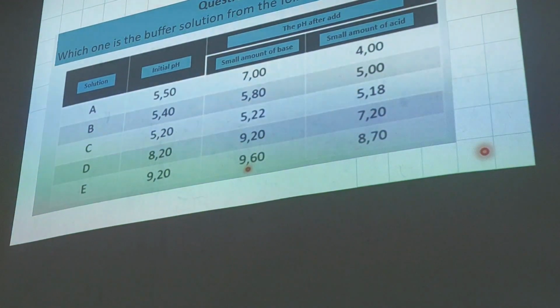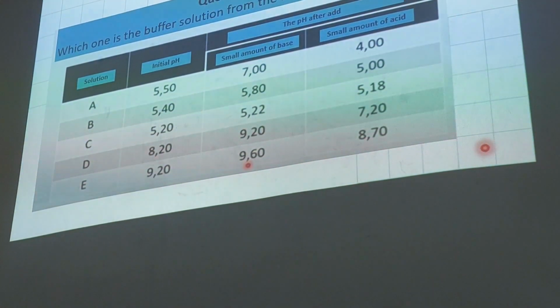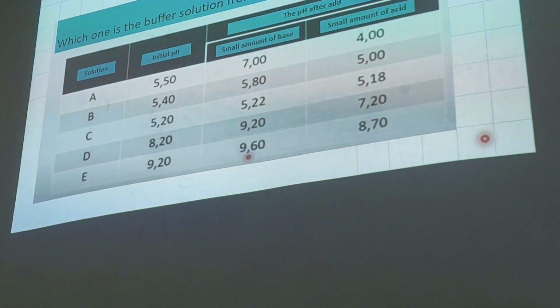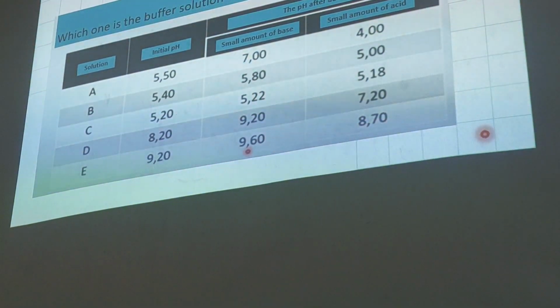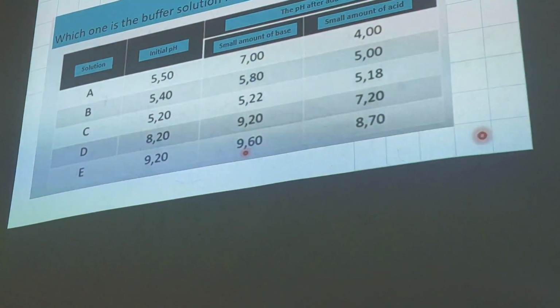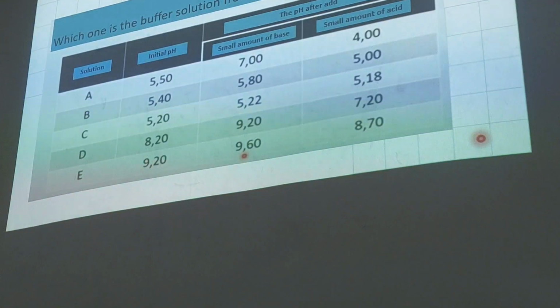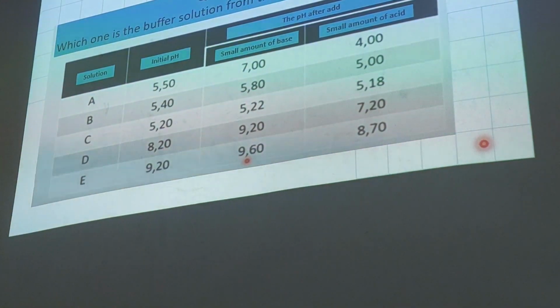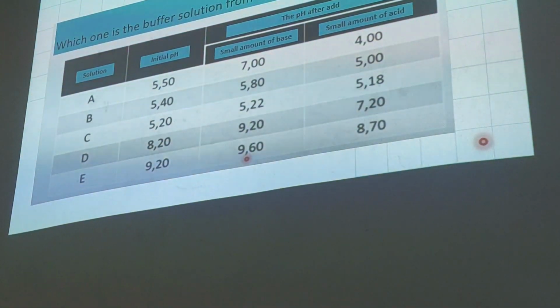The point is it's not neutral, but it's reduced. We say it about the pH. Yeah, it's not neutral.